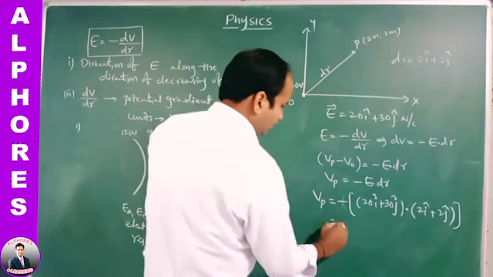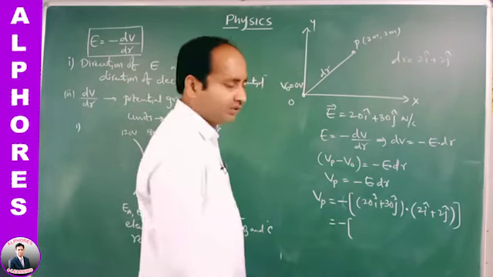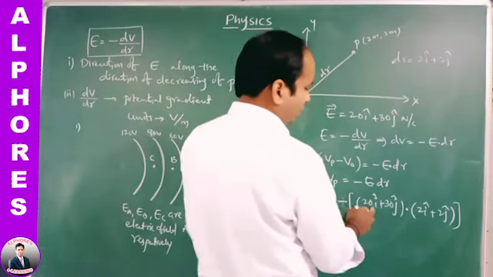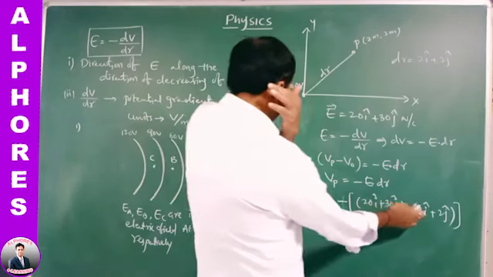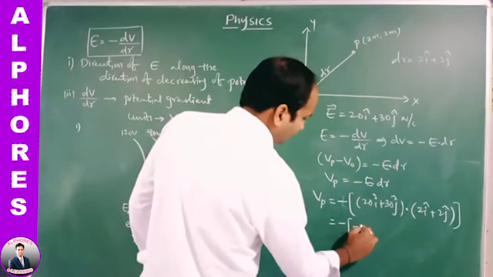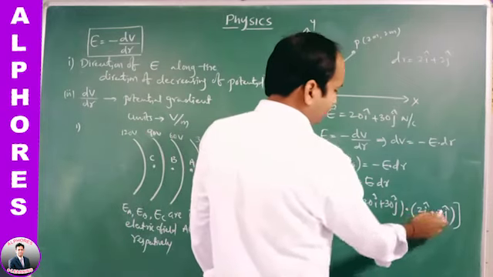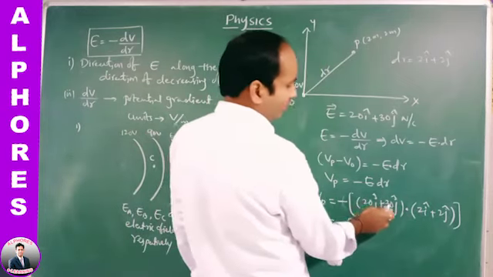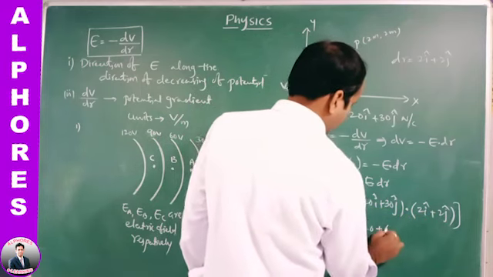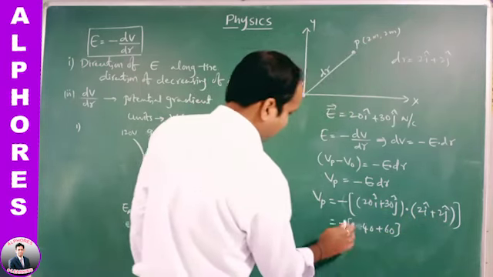Now that is equal to minus of the dot product: the horizontal x component, 20 into 2, is 40. The vertical y component, 30 into 2, is 60. 40 plus 60 is 100.